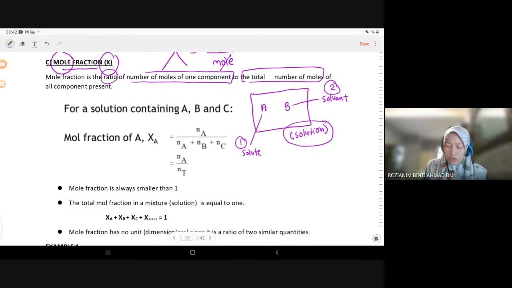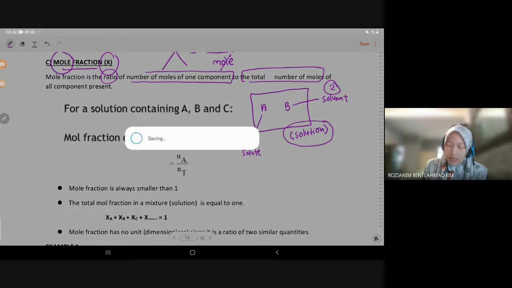Contoh, soalan tu minta, kirakan mole fraction for the solute dalam solution tersebut.